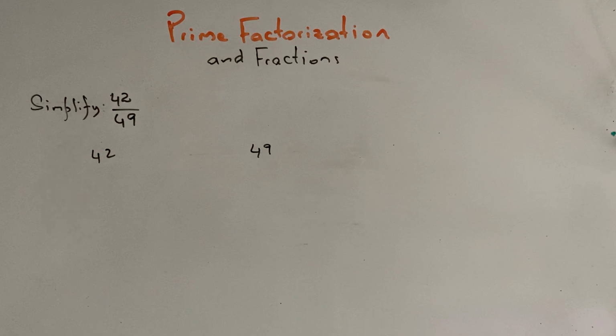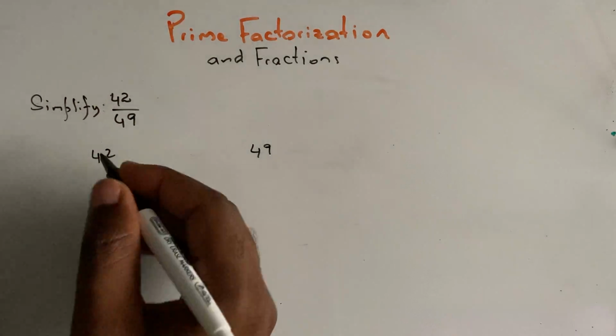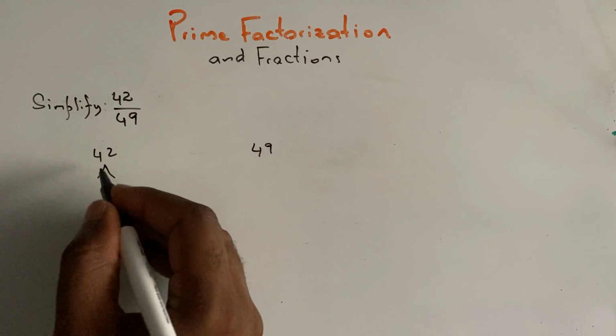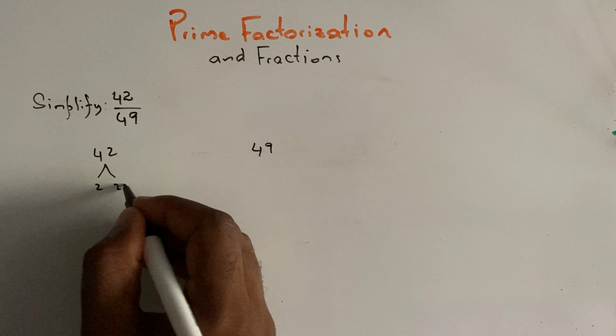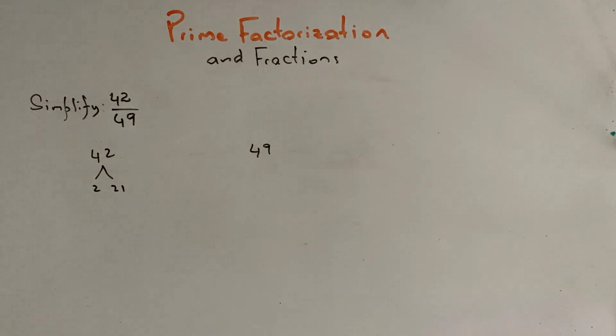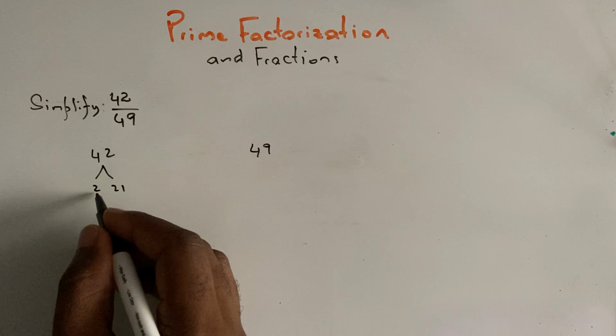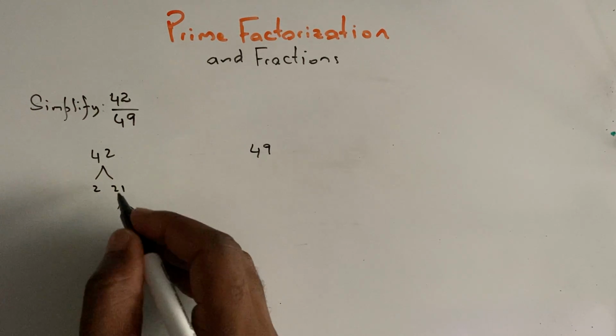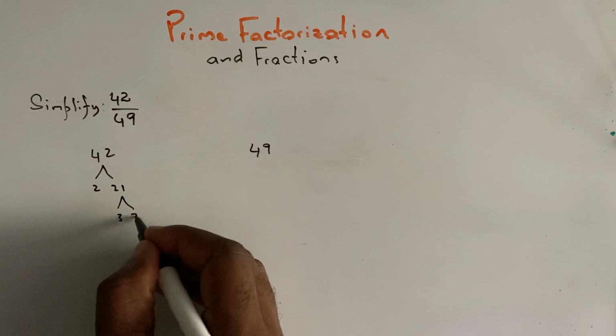Now for 42, if you want, you can break it down into 2 and 21, right? Then 21 can be broken down further. Now 2 is already a prime number, but how about 21? 21 is actually 3 times 7.